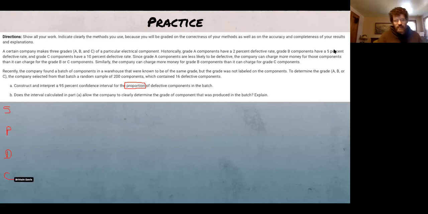So I'm going to do this somewhat quickly, but SPDC, this is your state, plan, do, and conclude. That format that we started off with today and that we've done a few times, I'm going to do that right here. I need to know what it is I'm looking for. I'm looking for P, which is the true proportion of defective components in the batch.